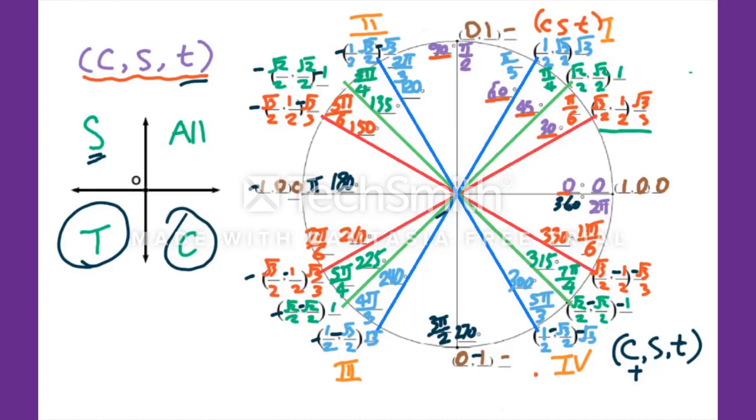That means for the second quadrant, only sine is positive, cosine and tangent will be negative. For the third quadrant, tangent is positive, which means you will have a negative cosine and a negative sine. For the fourth quadrant, only cosine is positive, means your sine and tangent will be negative.